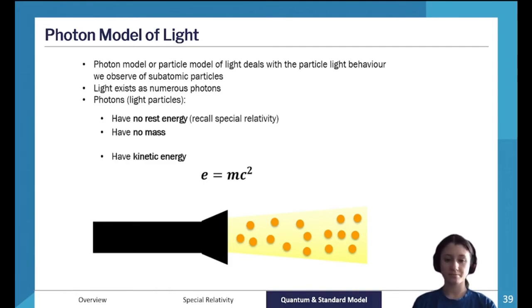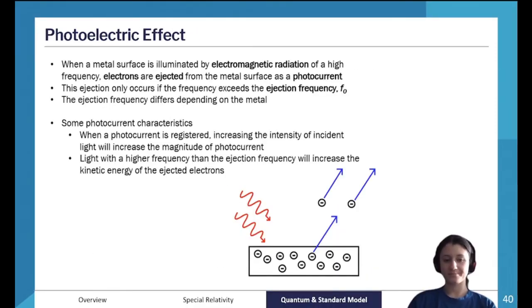So the energy of the photon is described by mc squared. Now something you might have noticed is that because our photons don't have mass, this seems to pose a few issues. But we'll get into that a little bit later, and you'll see the explanation of how that all pans out.